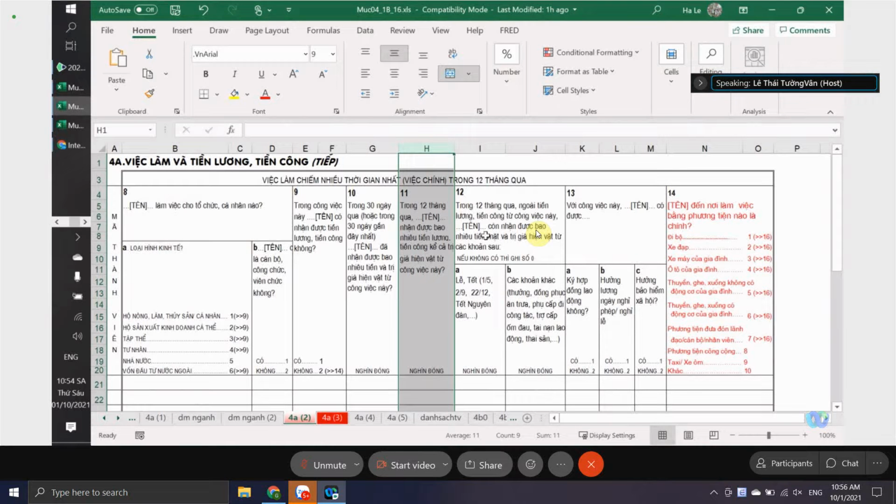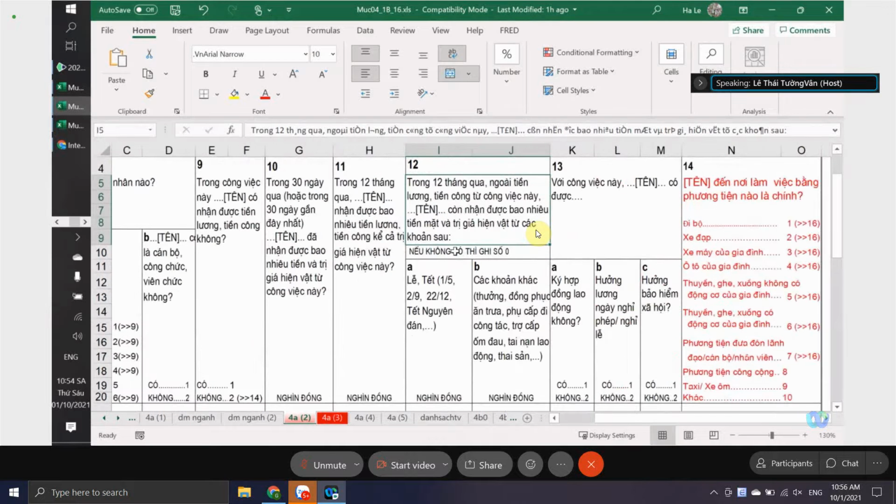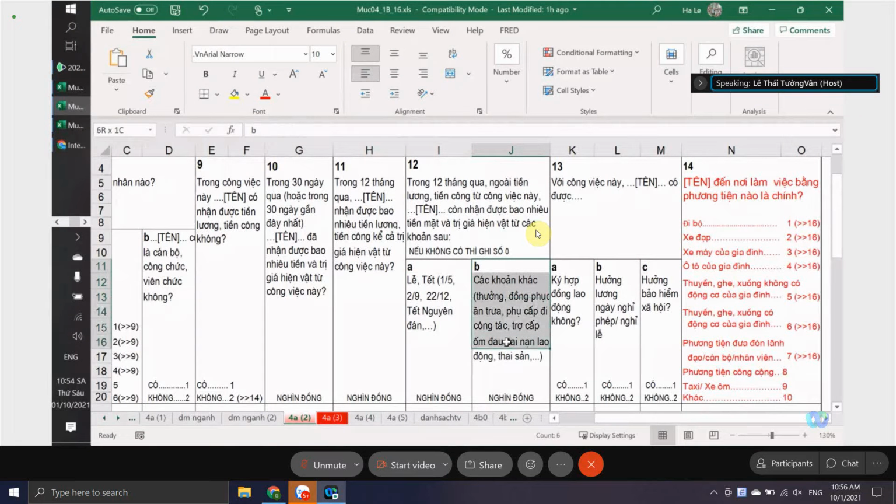Now, ladies and gentlemen, please follow me. This is just wages and salary. You also have payment other than wages and salary, right? So in the last 12 months, besides wages and salary, do you get bonuses and so on?